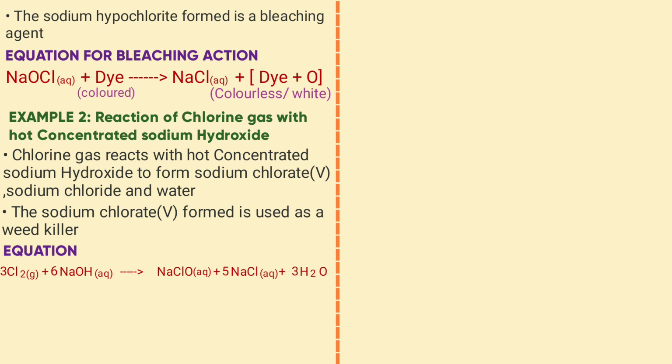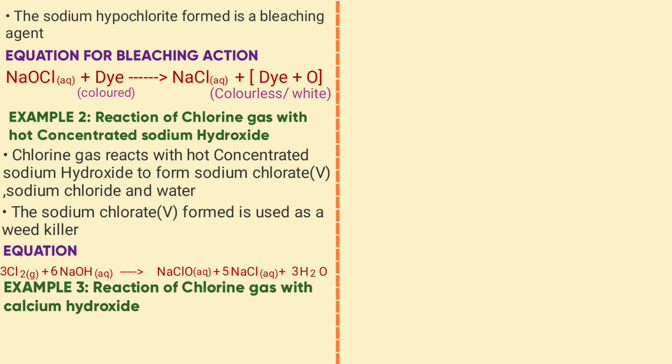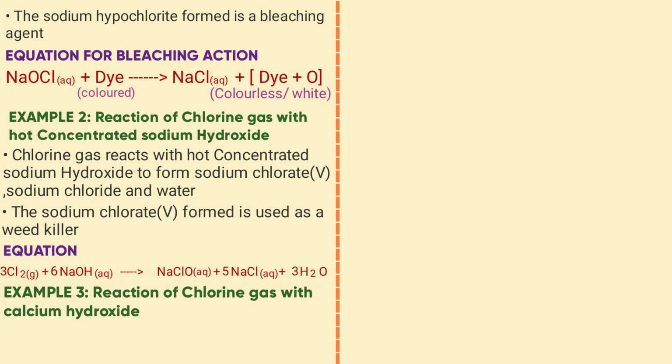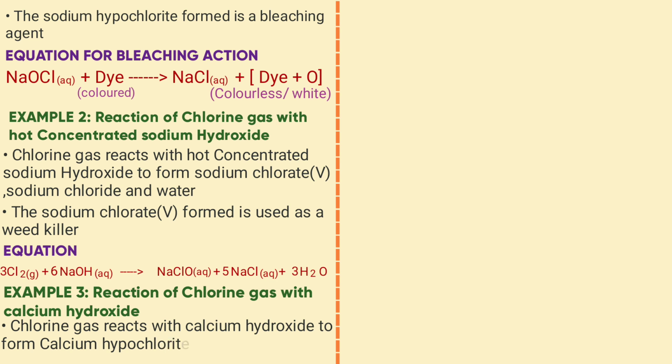Now, example 3, reaction of chlorine gas with calcium hydroxide. Chlorine gas reacts with calcium hydroxide to form calcium chloride, calcium hypochlorite, and water. Calcium hypochlorite is referred to as bleaching powder.